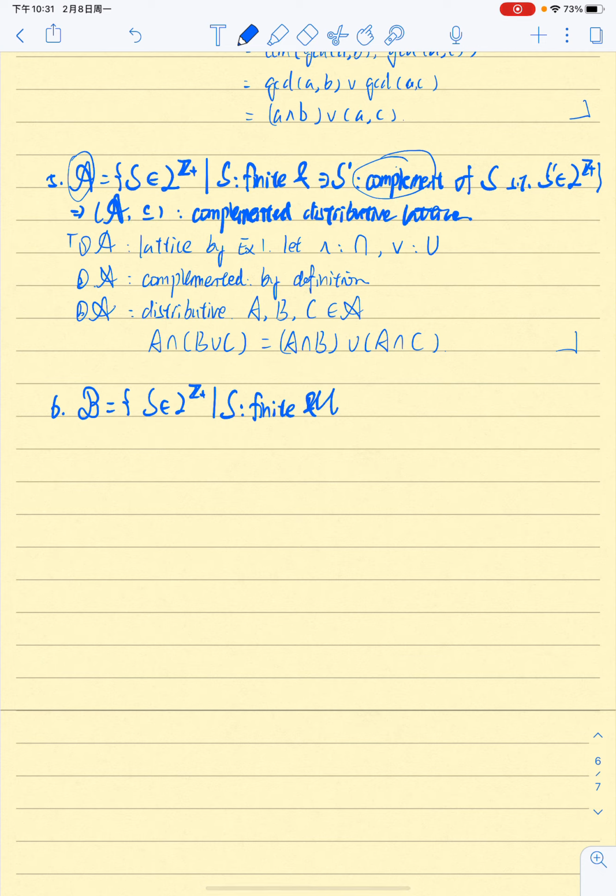And here, S prime, also in the collection, is a complement of S, and this is finite.